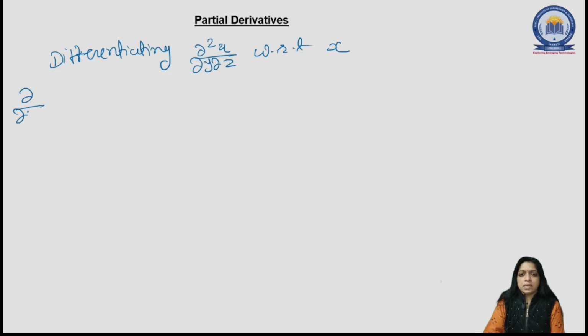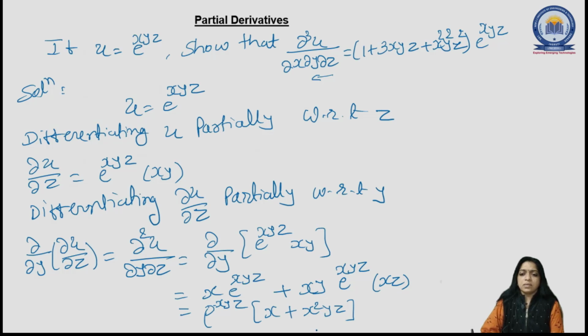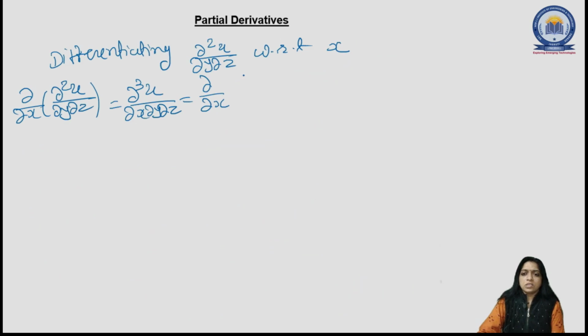So del by del x, here del square u upon del y del z, that is del cube u upon del x del y del z, and this one is del by del x, and the value of del square u upon del y del z is e raised to xyz in the bracket x plus x square yz.